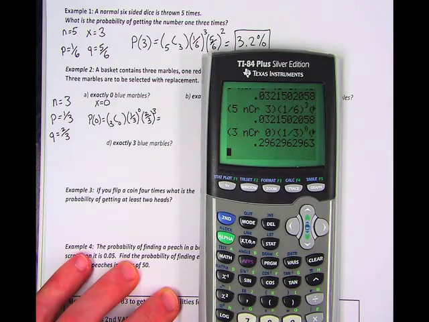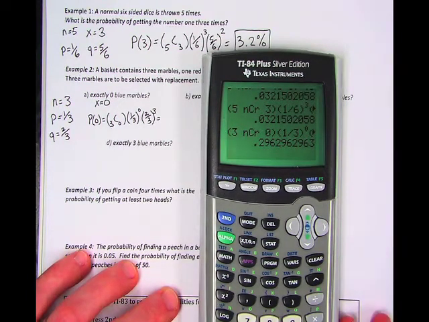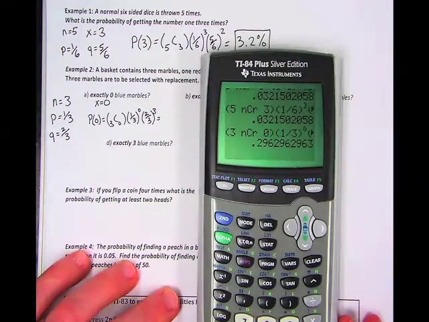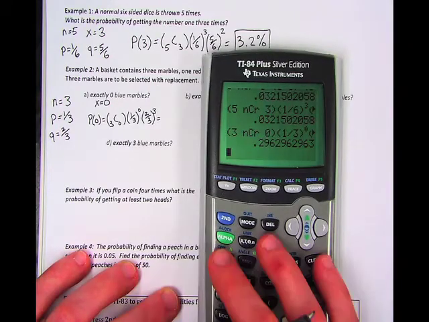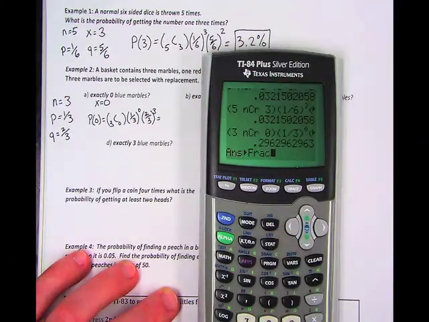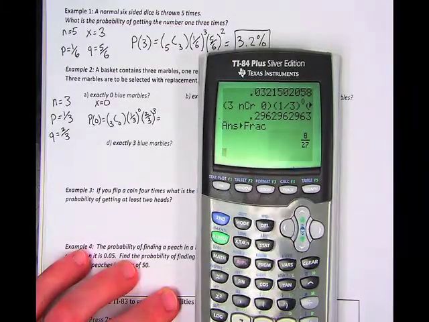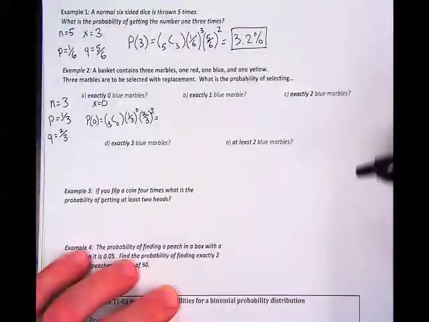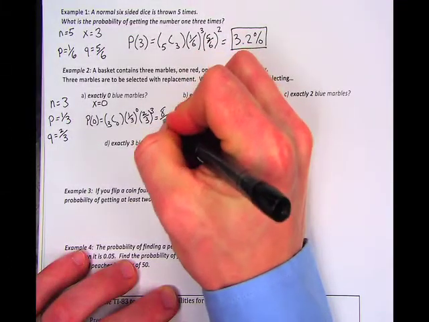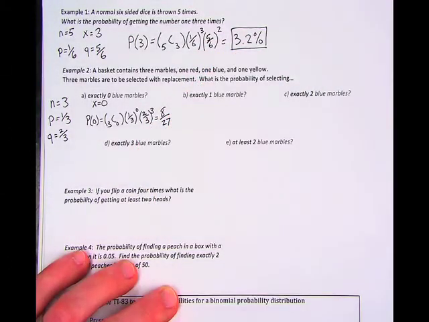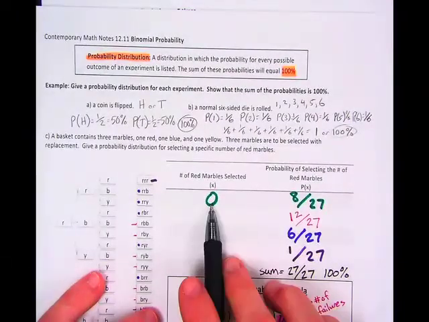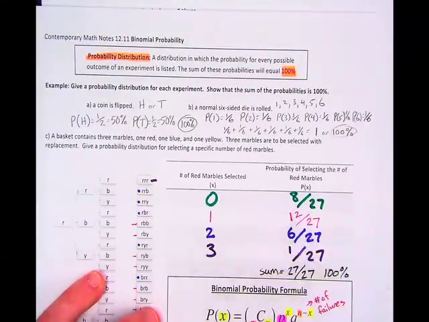Now it gives you 29.6%. Let's go ahead and use math fraction, our favorite, and we get 8/27. If we look back at the first page here, sure enough, 0, we did get 8/27.